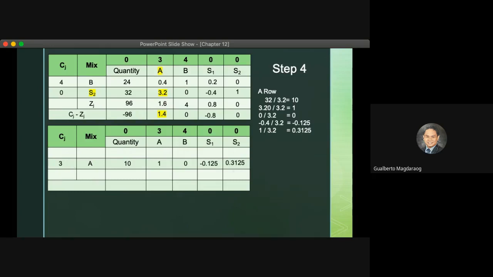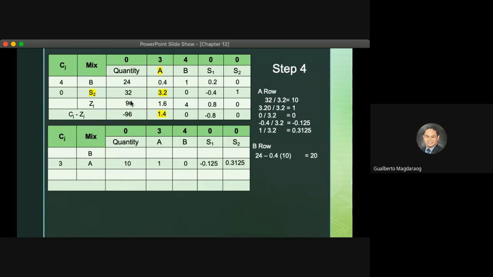Okay, and then let's now solve for the value of B. We will not be replacing it. Yan pa rin siya, B pa din. But yung quantity niya and the rest of the columns will be changed. So, kung paano natin ginawa dun sa unang process natin, we will do the same here.